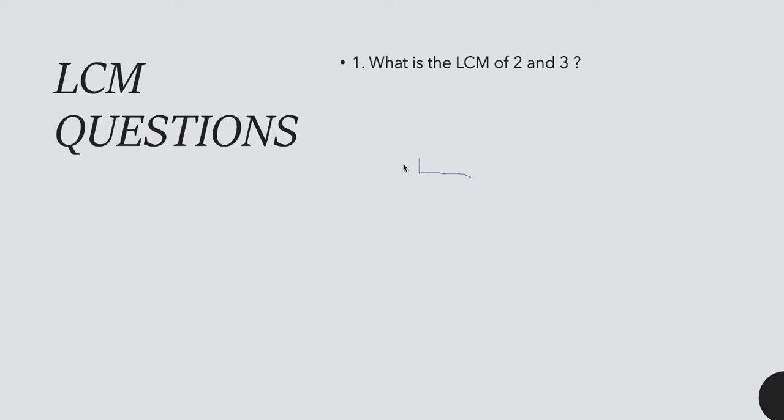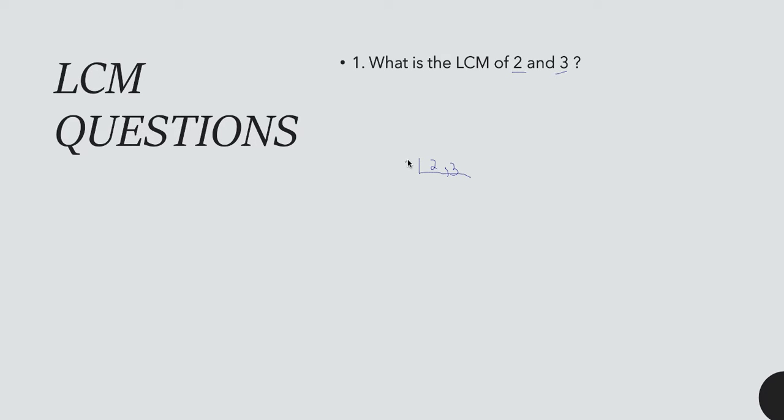So it asks for the LCM of 2 and 3. So you write 2, 3 inside this. So then outside here you're gonna write what goes into 2 or what goes into 3. You're gonna do this one by one. So this is a simple question, not like the next question we're gonna do together.